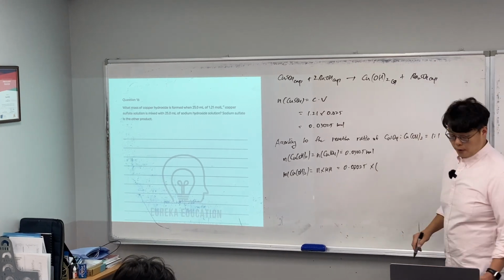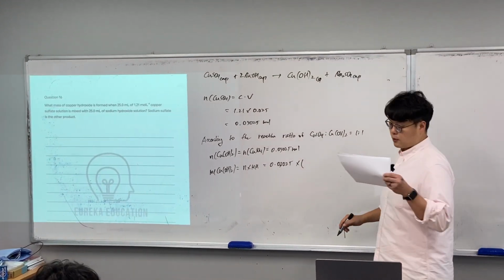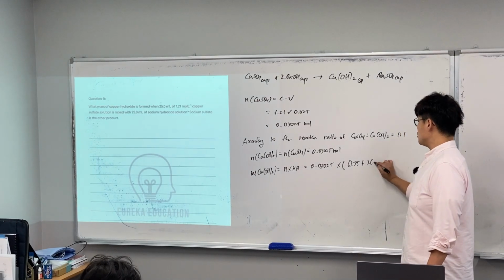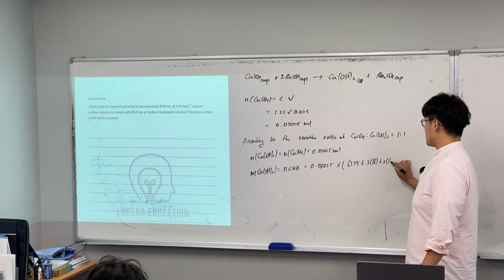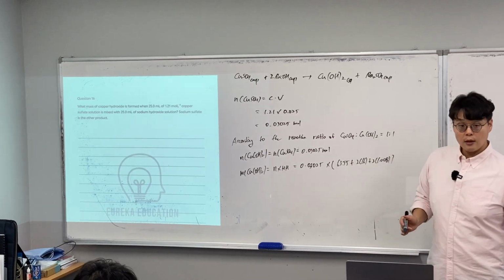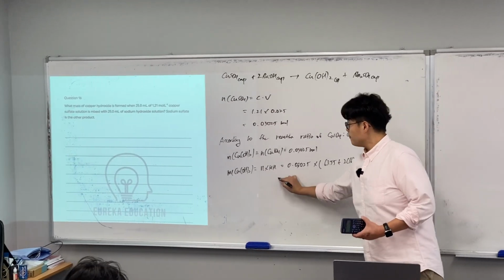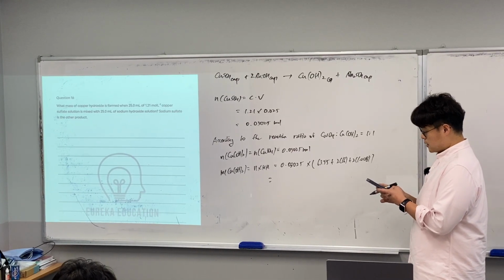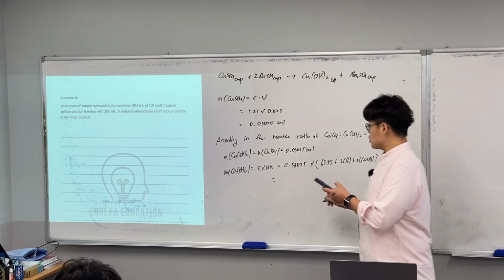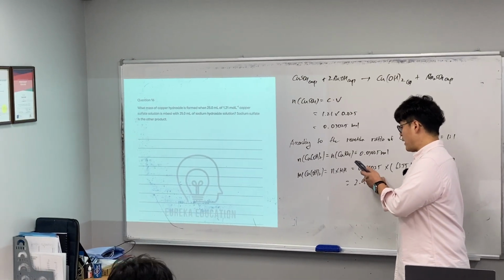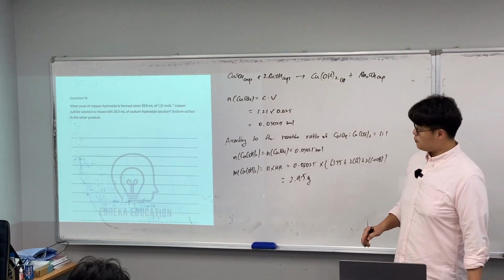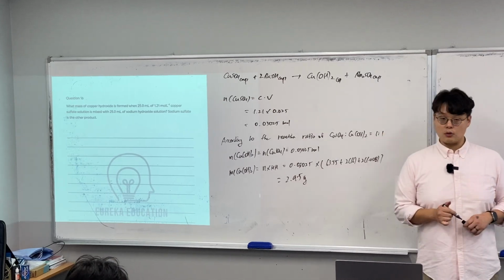Copper, again use your periodic table, is 63.55, plus 2 times 16, plus 2 times 1.008. Multiply that by 0.03025 and you get 2.95 grams to 3 significant figures. That will be the final answer.